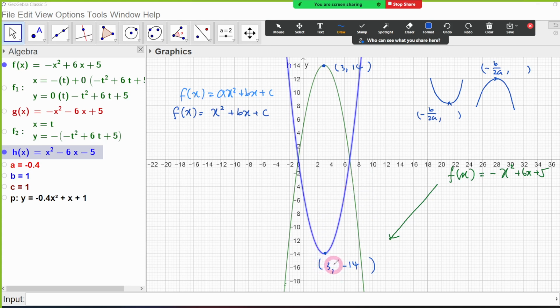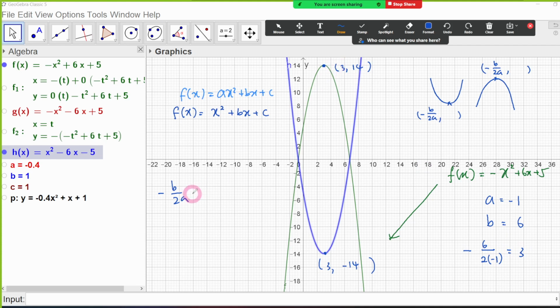You will notice that the x coordinate remains unchanged, right? Now, you already changed a. Before this, a is negative 1, b is 6. So negative b over 2a: negative, negative, you get positive, therefore you get 3, right?